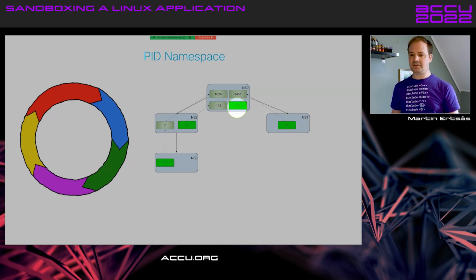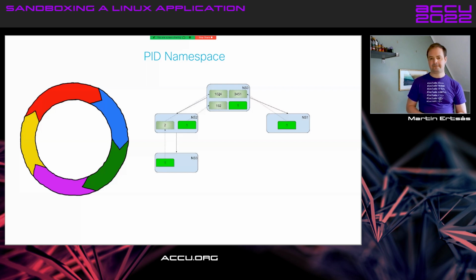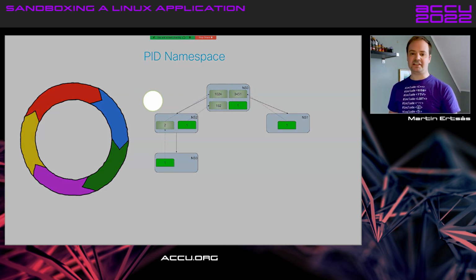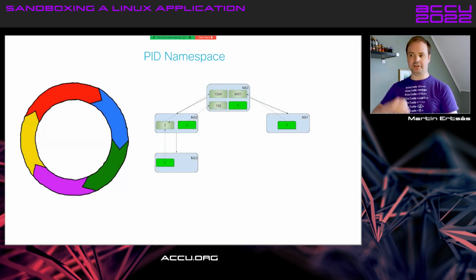But the init process here and any other process that's in this namespace will see it as 3451. And you can have hierarchies here. So PID1 in NS3 will be, for instance, 2 in NS2, but then 1024 in the initial namespace. Of course, the parent can see what it thinks it is inside of its namespace, but you can't go the other way.